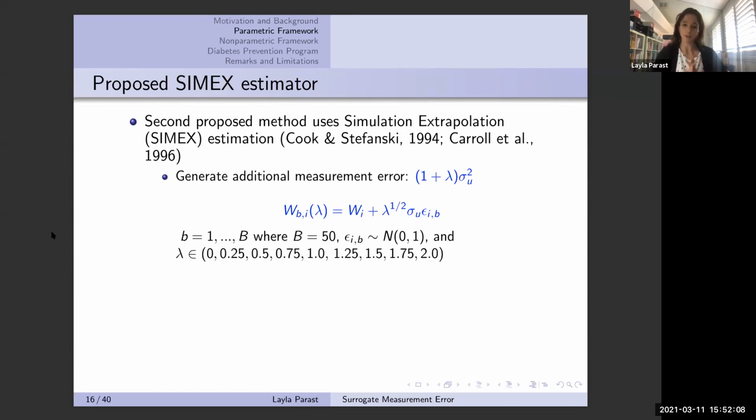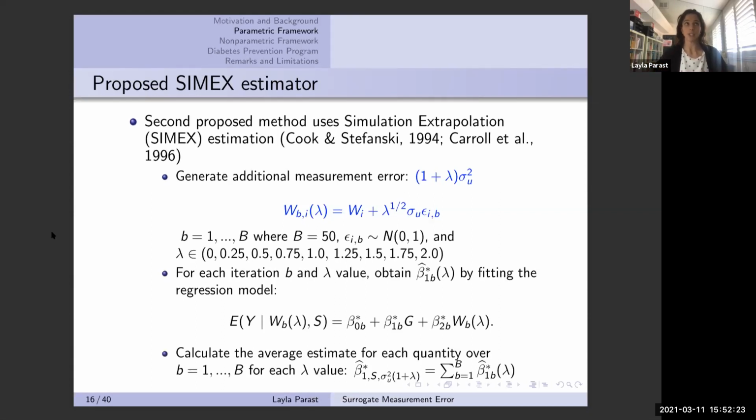So you take your W's that are already mismeasured and you add a little bit more measurement error. And you do this across a grid for lambda. And you also do it for a certain number of iterations. So here I chose 50 iterations. And for each iteration and each lambda value, you get the estimate of whatever you care about.